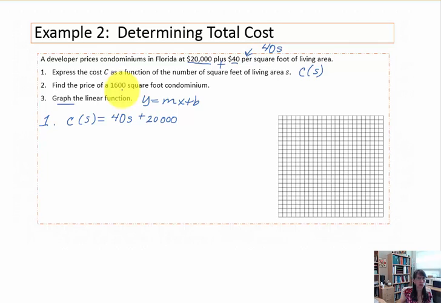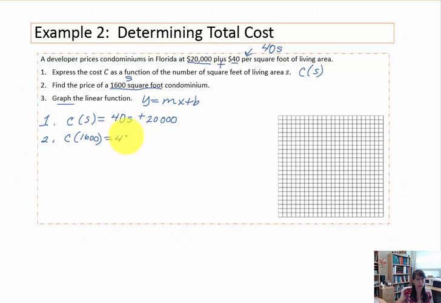I can now answer question 2 because we have our linear model. For question 2, we're looking for the price of a 1,600 square foot condominium. So 1,600 is our substitution for S. We're really looking for C of 1,600.